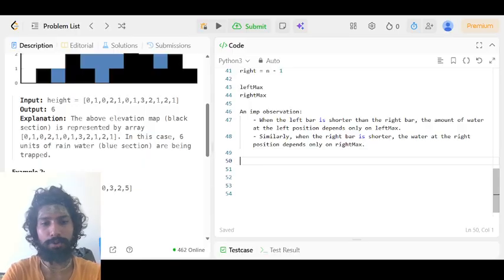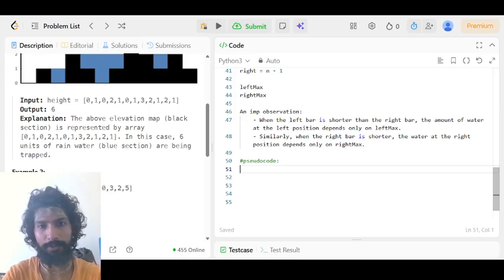So let us write the pseudocode, then we will get to understand it more easily. So we set left equal to 0 and right equals length of height minus 1.